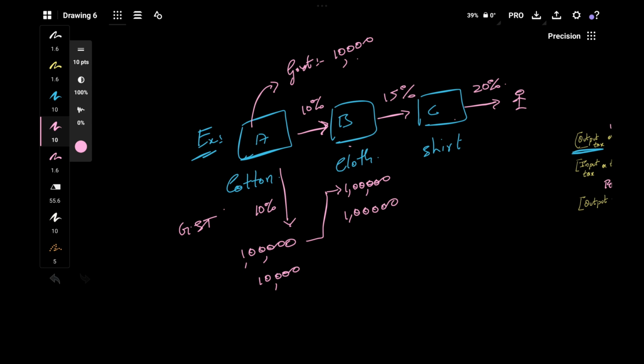So he also added his profit in that 1 lakh. So his price has come to 2 lakhs now. For 2 lakhs he is now selling it to C.